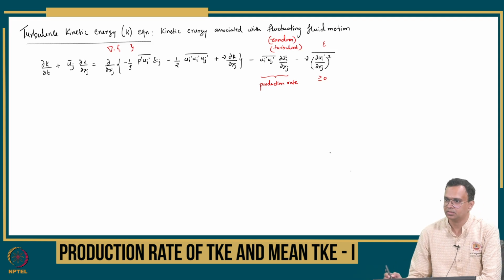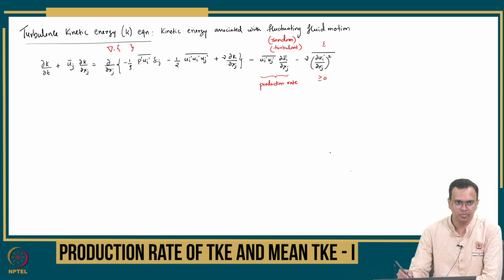Without doing any simulation or experiments, we have come to an agreement that epsilon is the dissipation rate and the divergence term is the diffusion or transport term, and also we found that there is a pressure strain rate term in the Reynolds stress equation which does the redistributing.